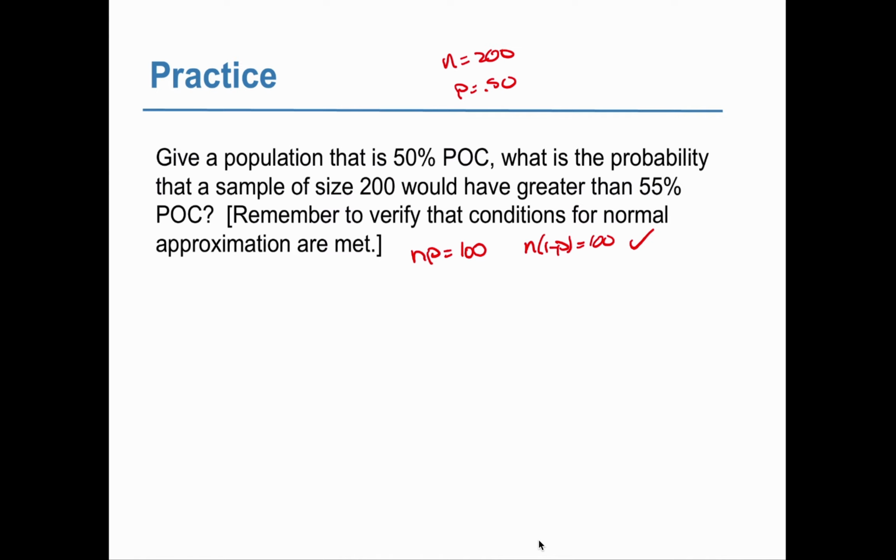So this distribution is going to have a mean equal to p, which is 0.5, and a standard deviation equal to the square root of p times 1 minus p over n, which is 0.5 times 0.5 over 200, and take the square root of that, which comes out to be 0.035.